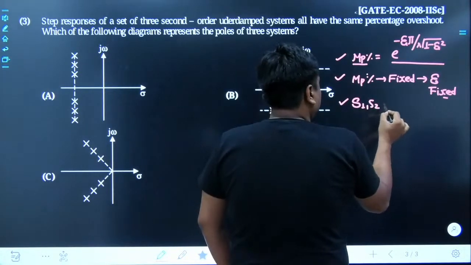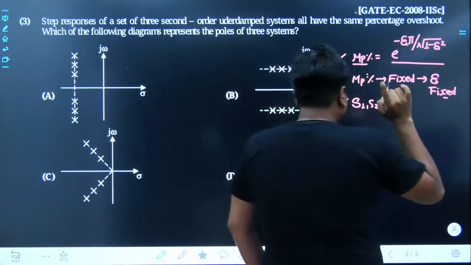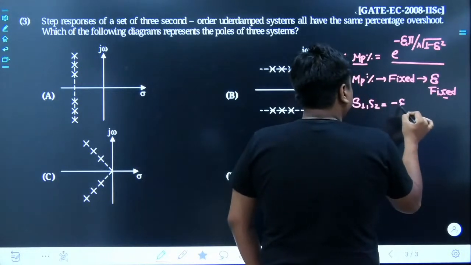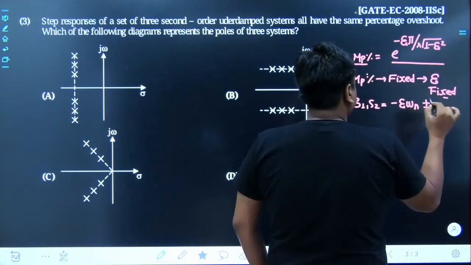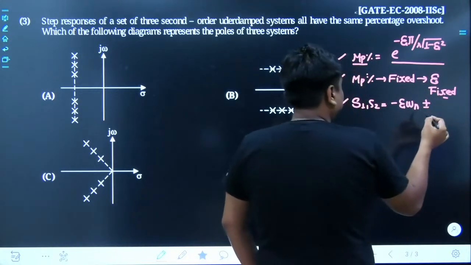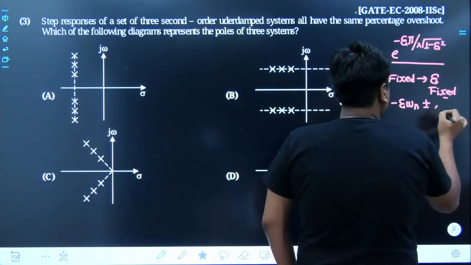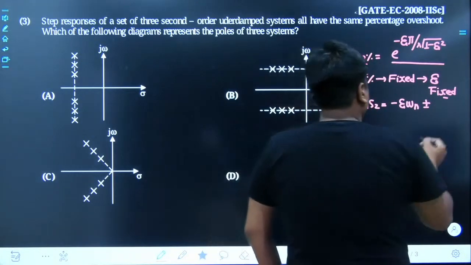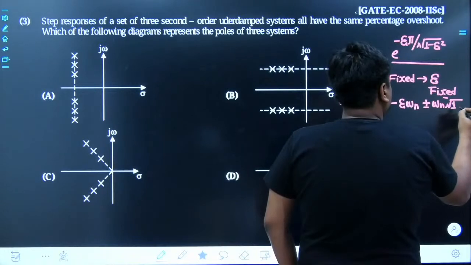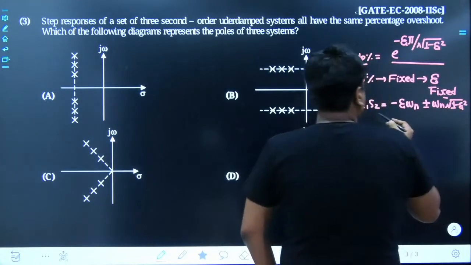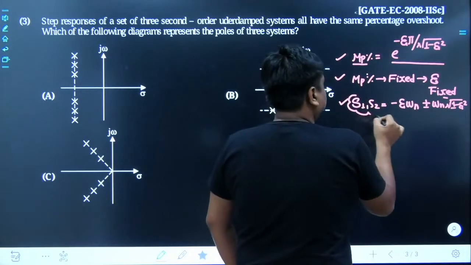In the standard second order system when it is underdamped, the poles are at minus zeta omega n, plus or minus j omega n square root of 1 minus zeta square.